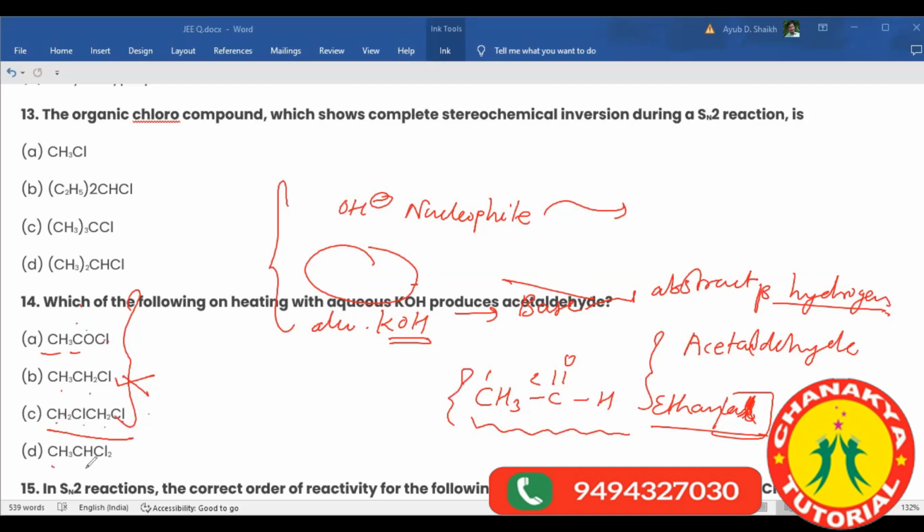But if you see CH3, CHCl2, here Cl and here Cl, one chlorine and one hydrogen from here would be removed, a double bond would be formed, and if you oxidize it, it will be converted to acetaldehyde. Isn't it? Yes? You will get acetaldehyde by using this compound D. So your option D is the correct answer.